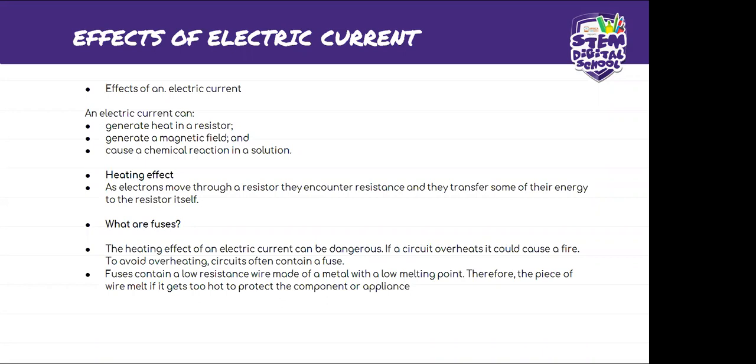Let's look at the heat effect. As electrons move through a resistor, they encounter resistance and transfer some of their energy to the resistor itself, which leads to the heating effect. Now, this heating effect can have a negative or a positive impact, but mostly it is negative.